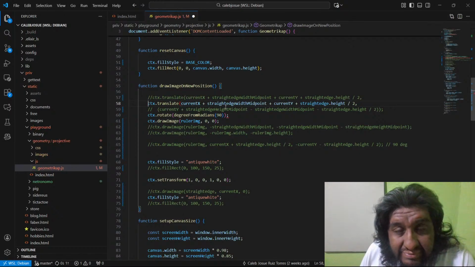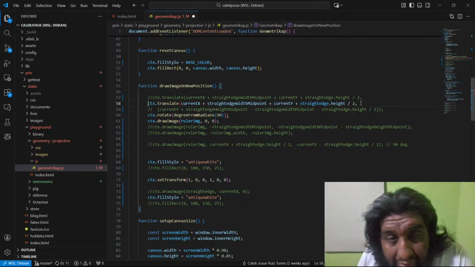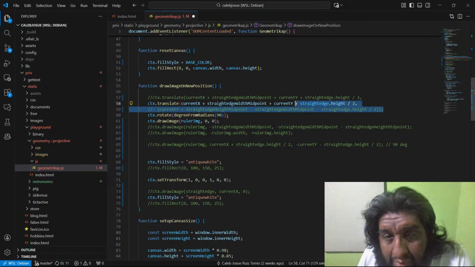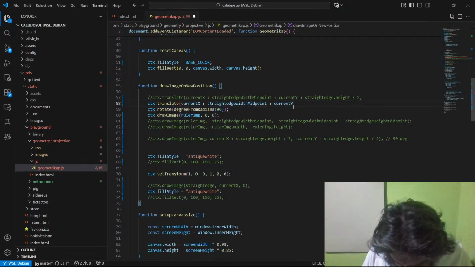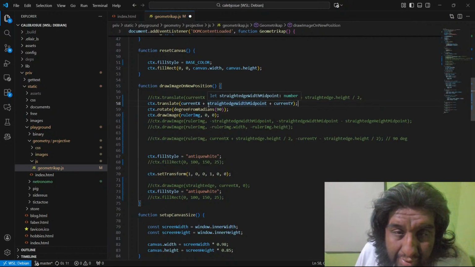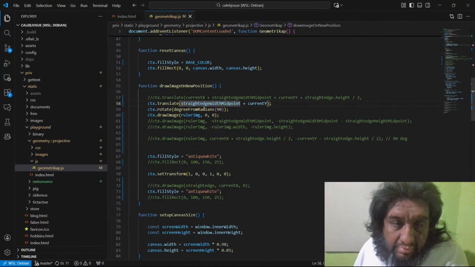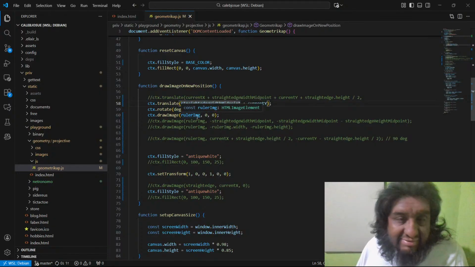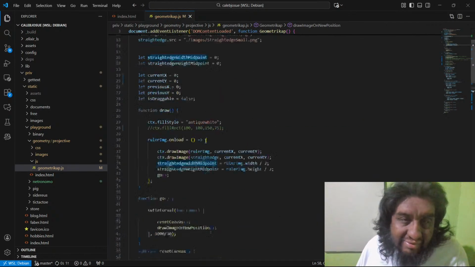Translate to, y remains the same, and the rotation takes place, and we are at 0, 0, which is current x, current y.